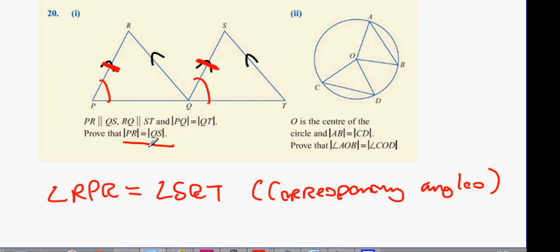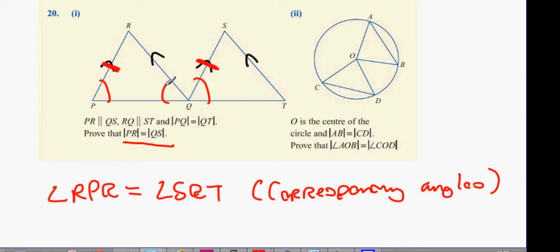Now, lads, once again, we're going to do corresponding angles. And the corresponding angles I'm looking at this time, if you look very carefully, is this. See the way it's like an upside down F? This means that this angle in here is the same one as this angle there. So what we can write down next is the exact same thing as last time.